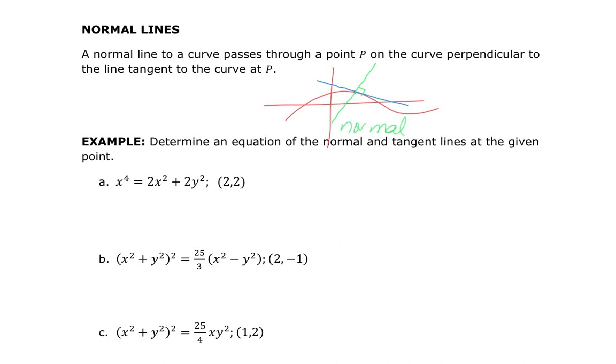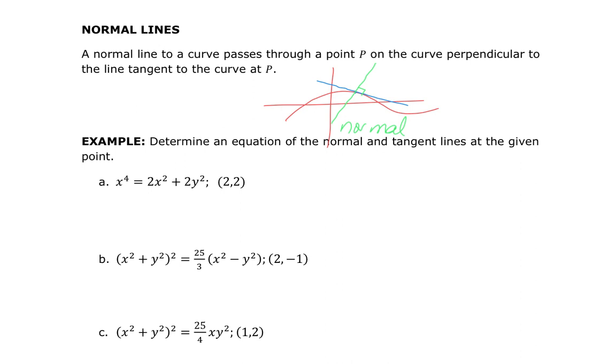So if I want to find the normal line, all I have to do is find the derivative, and then take the negative reciprocal of the derivative, and that will give me the slope of the normal line. The point is still the same.